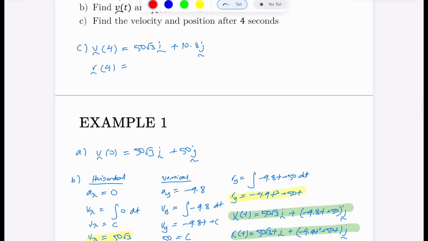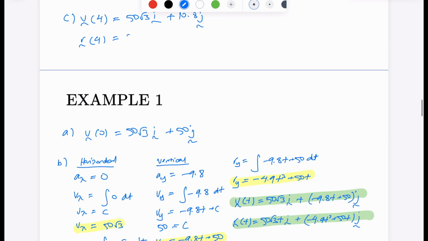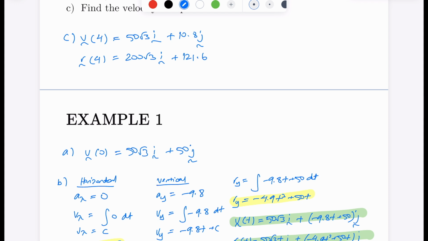And then finally, my displacement at 4 seconds. In a similar way, I'm going to plug in 4 into this t here in this equation, and that will give me the displacement vector at 4 seconds. So if I plug in t into this component here, this will be 200 root 3 i plus, and if I plug in 4 into here, that will be 200 minus 78.4, which is 121.6 j.